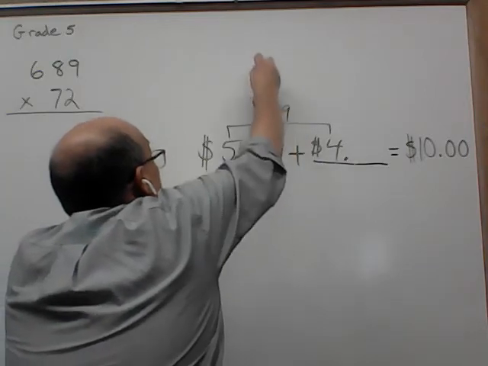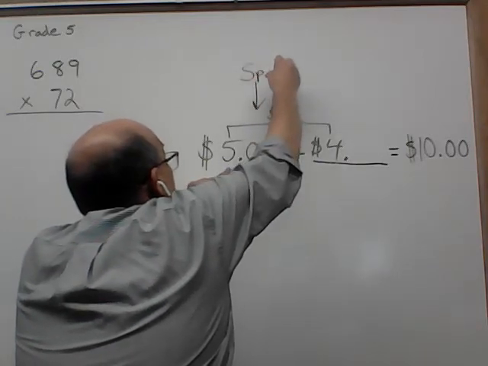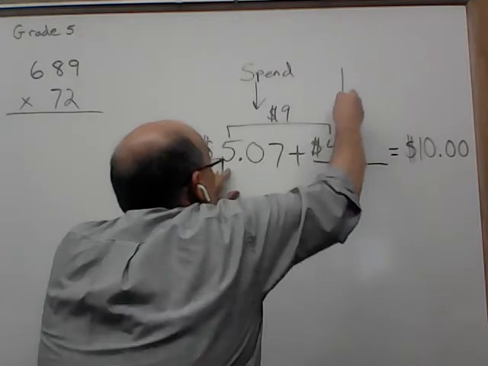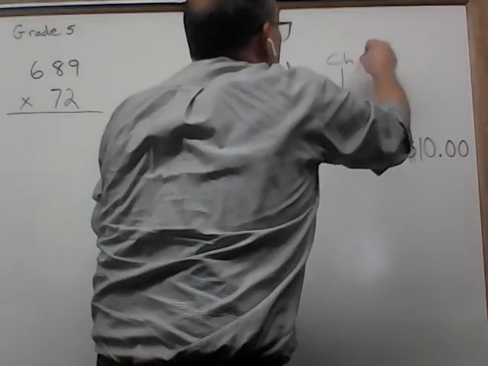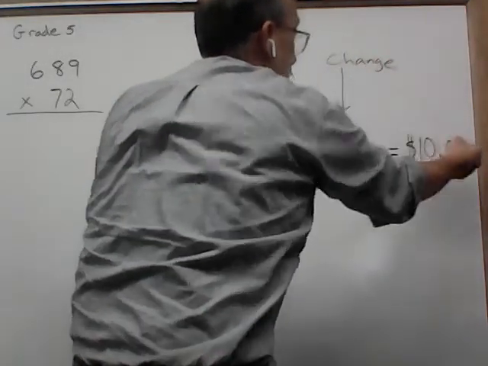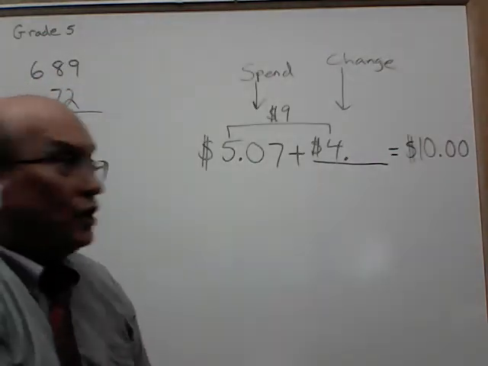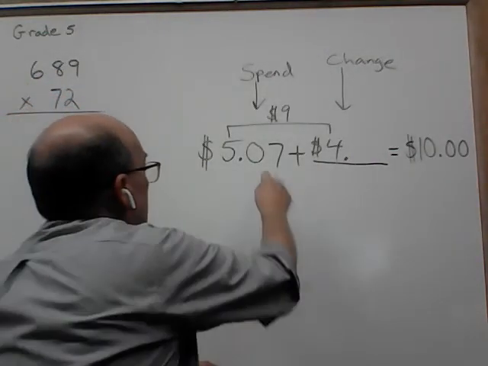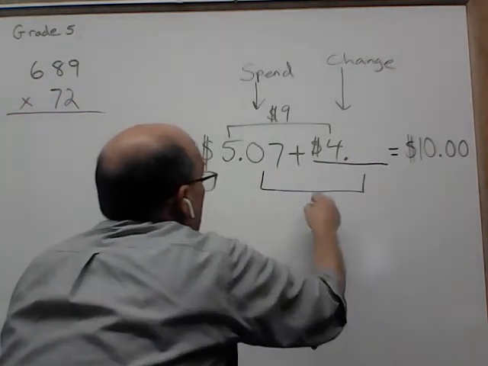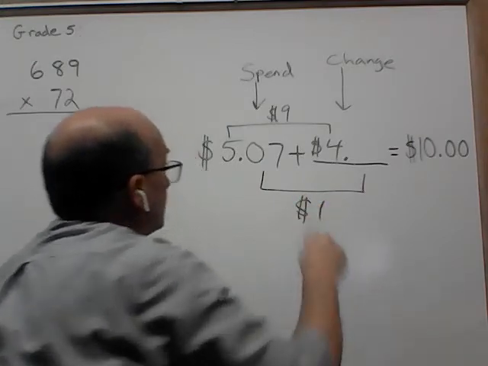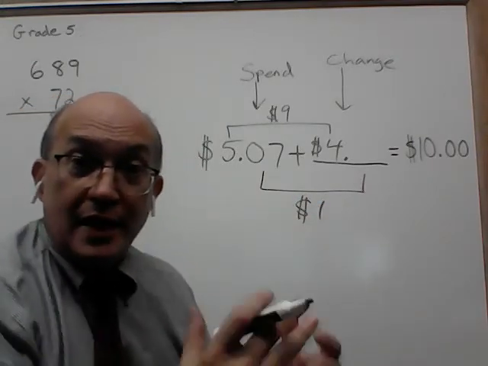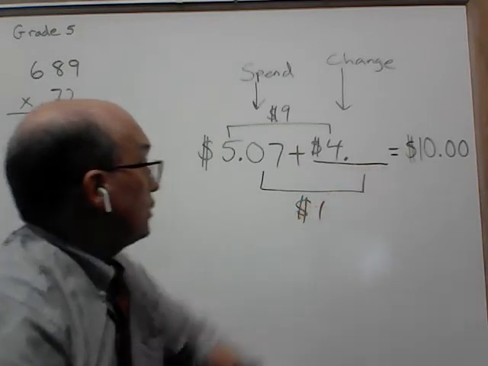And by the way, this is what you spend, and this over here is your change, and we're working with a $10 bill. So now the question becomes, we need another dollar. We need $9 plus $1 to equal the $10.